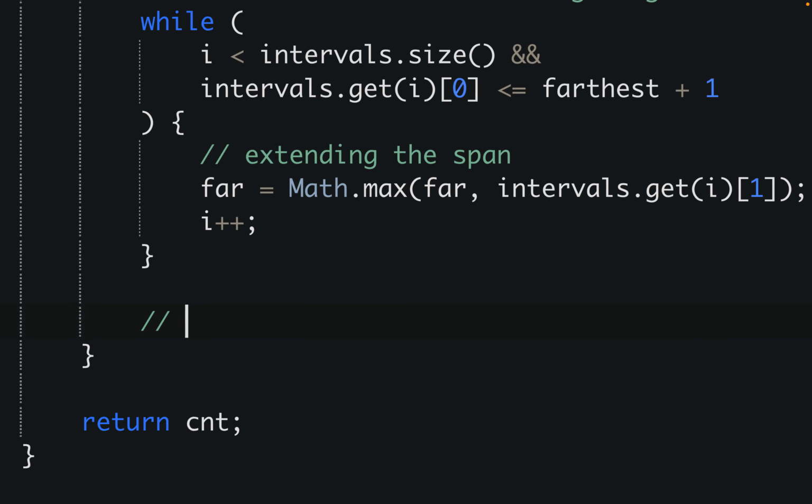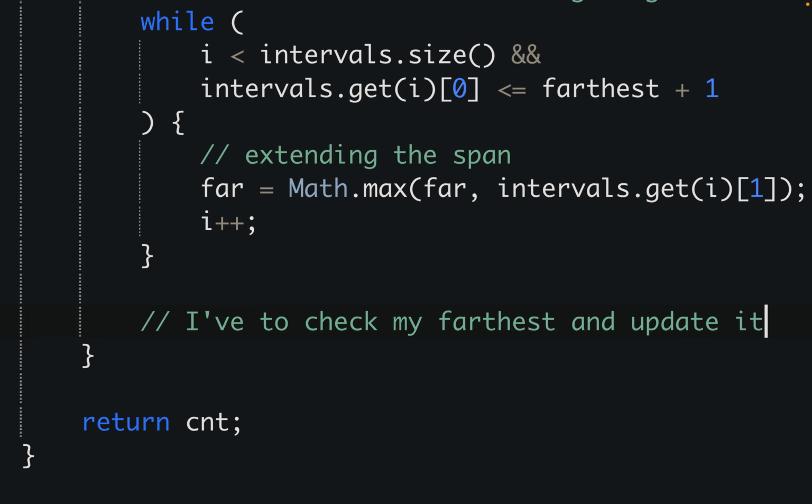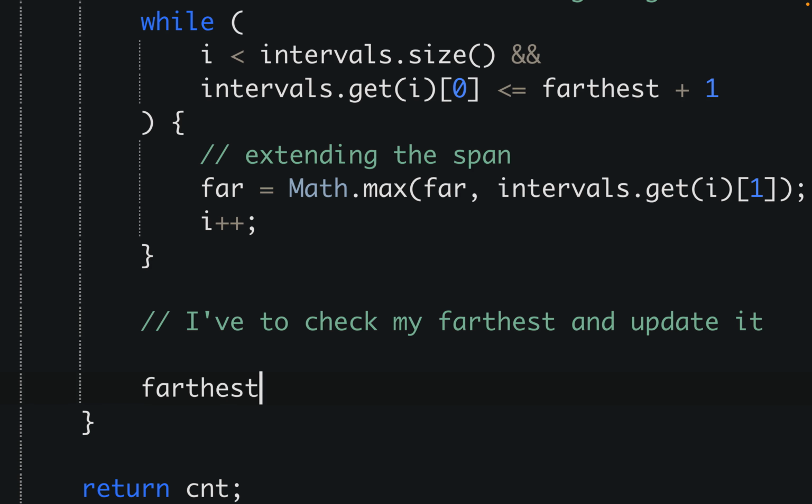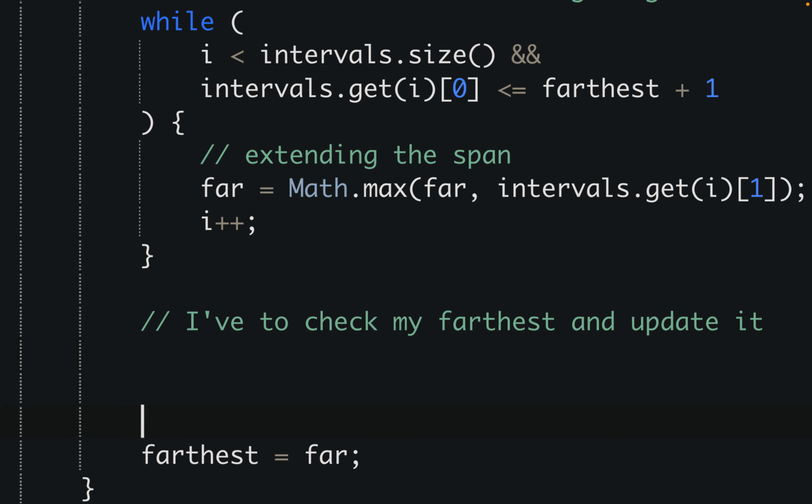Ultimately, the moment my farthest cannot reach any farther, I have to check my farthest and update it. So I want to update my farthest to far. So I'm updating it over here. But there can be a case where far is lesser than or equal to farthest. What does it mean?